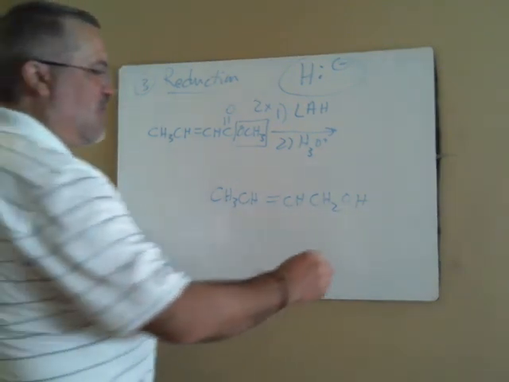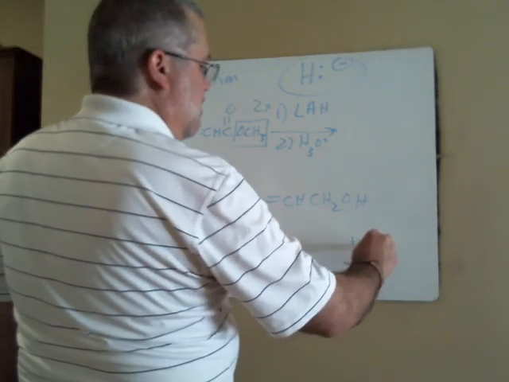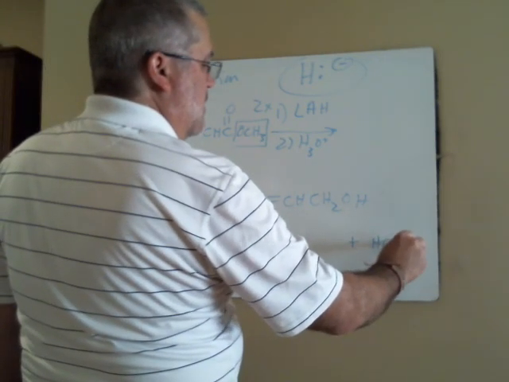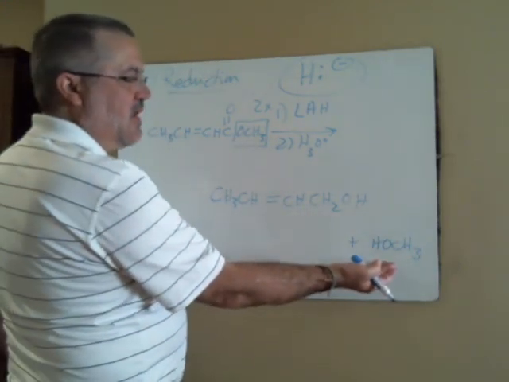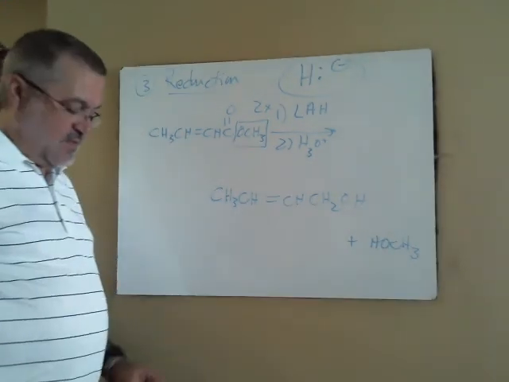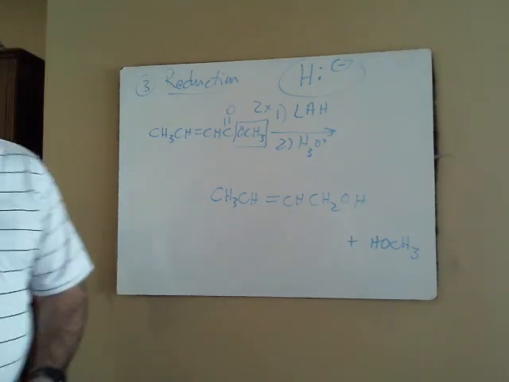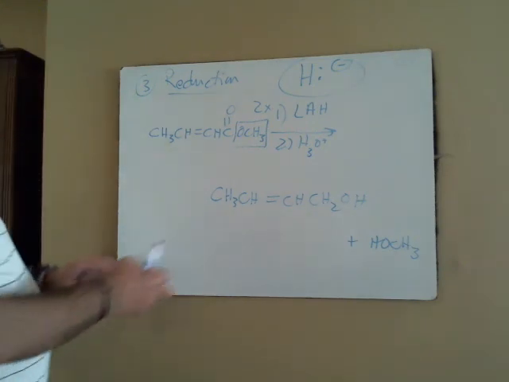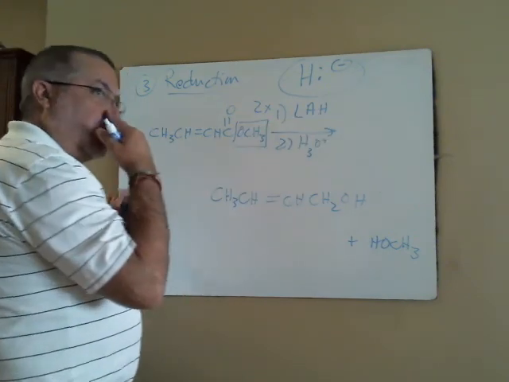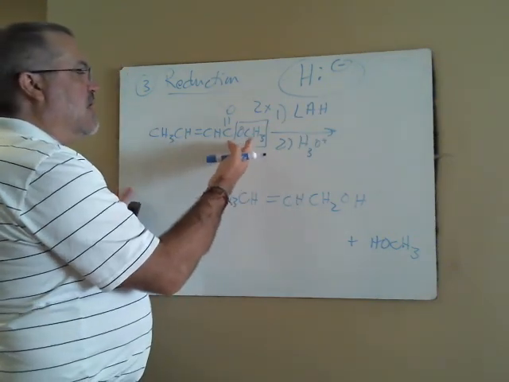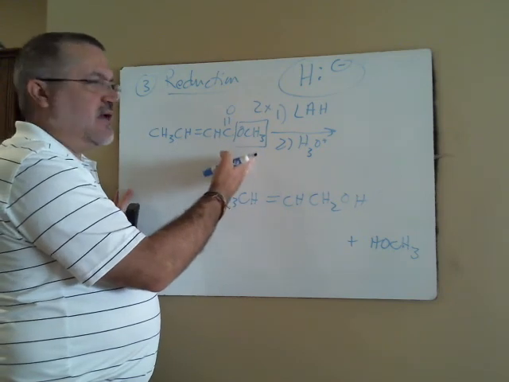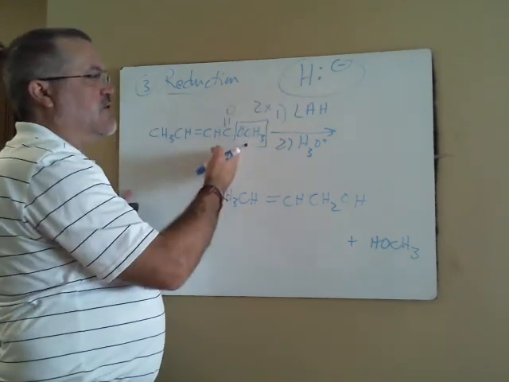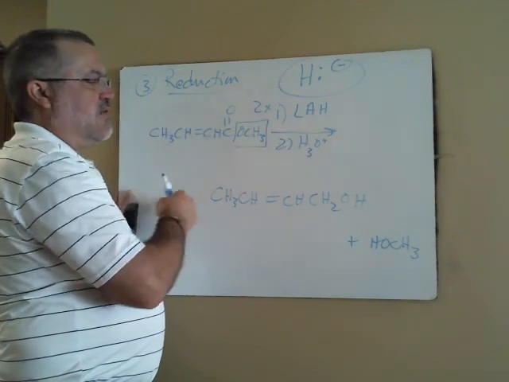In the process, technically, whatever your OR group is in the ester, you're getting that alcohol also. So that's review, and two equivalents of hydride. That was one of the things we talked about over and over again with acid chlorides or esters. Remember, for any carboxylic acid derivative, when you do a hydride reduction, two equivalents of hydride add.